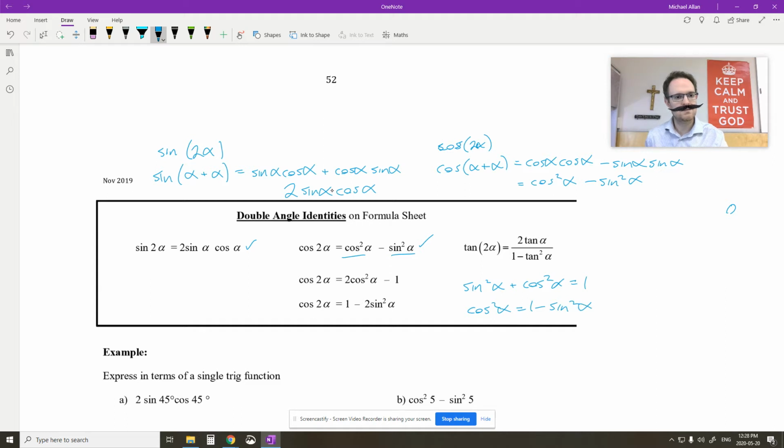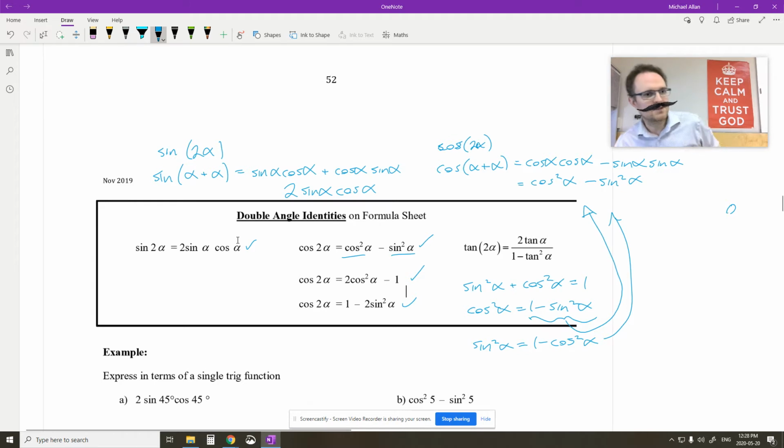And if I substitute that into this other equation, I can simplify that down. In this case, that'll end up being the second one here. If I rearrange it for sine squared alpha, which is 1 minus cos squared alpha, and then do the same thing and substitute it in there, I get the second equation. So they all come from each other.